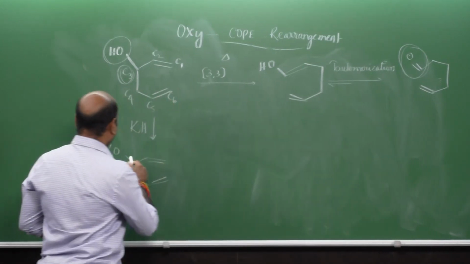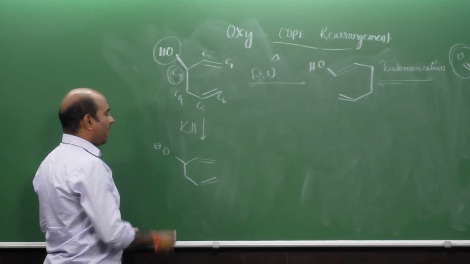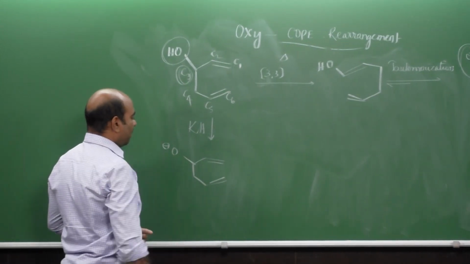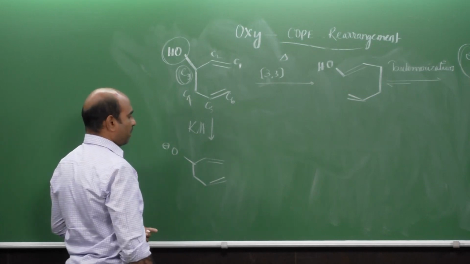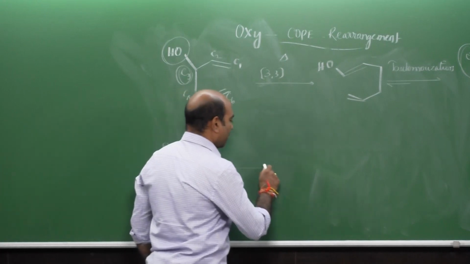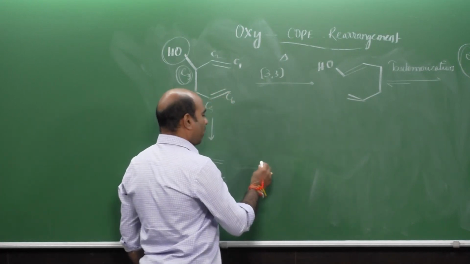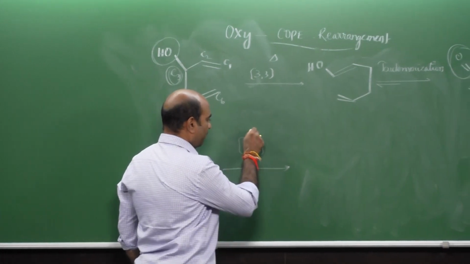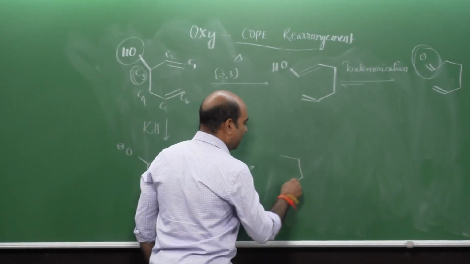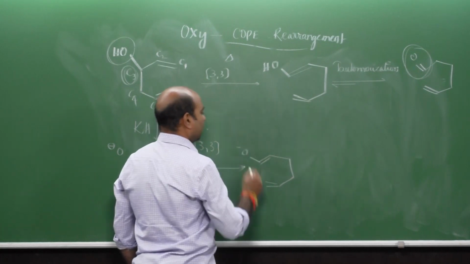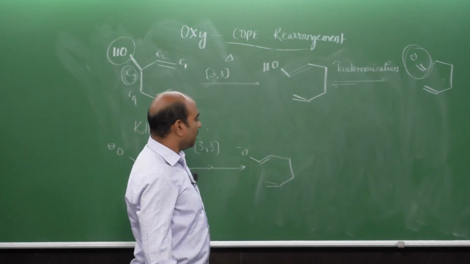If you have converted this into an anionic species by deprotonating it in the first step itself, before undergoing the 3,3 sigmatropic rearrangement, then it is quite capable of undergoing the 3,3 sigmatropic shift and giving the product like this, right?